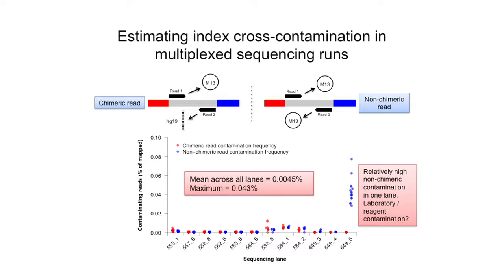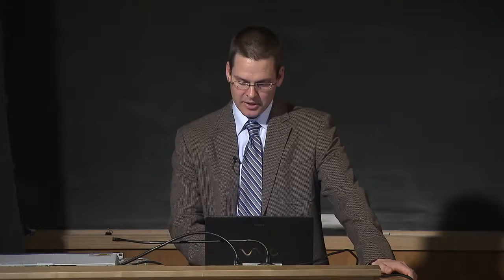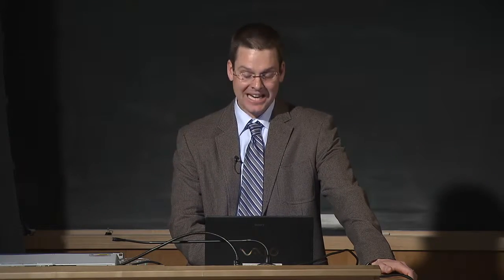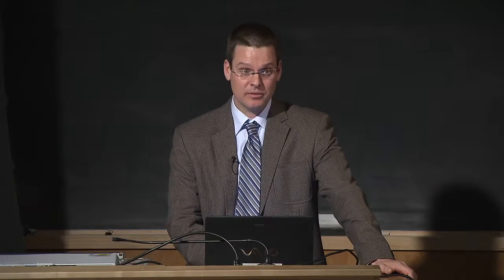So in this experiment, contamination was pretty low. The mean was 0.00545% across all these samples. Interestingly, for most of them, the chimeric and the non-chimeric were roughly similar. However, for one lane, there was an order of magnitude higher non-chimeric read contamination.